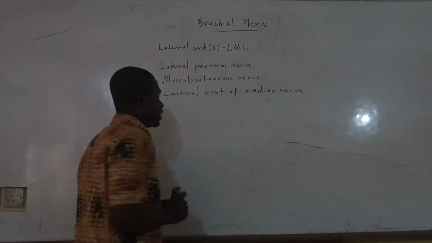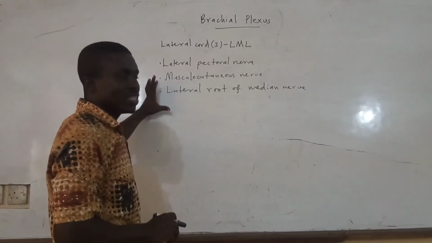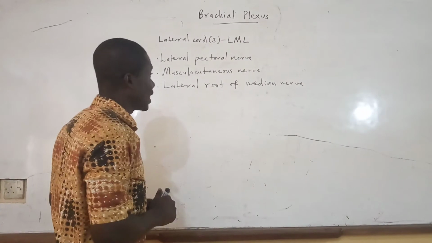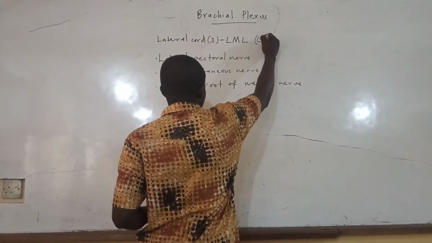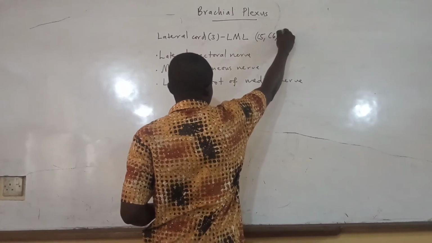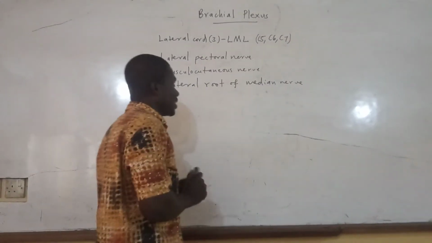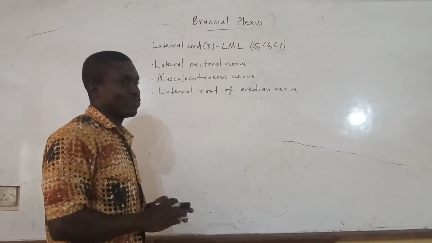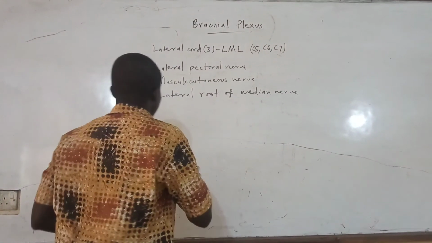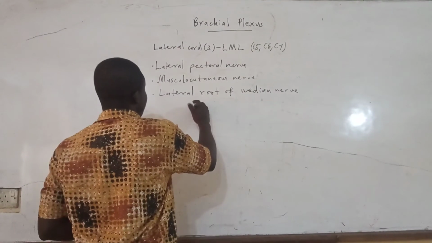Lateral root of the median nerve. Now get to know that all these nerves coming from the lateral cord have the root value C5, C6, and C7. So remember that they are paired. So from the C5, C6, C7, we'll supply these ones.